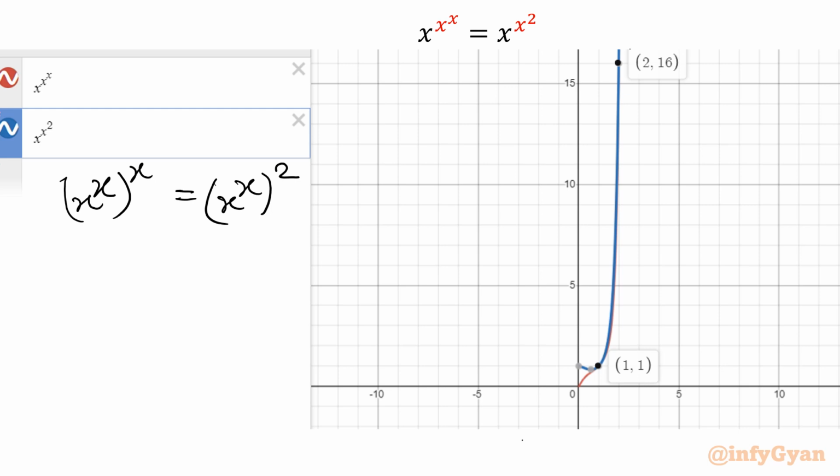How? Just take the product, x into x, that means it is x power x square. So the graphs are different. You can see this red graph is for x power x, and this blue graph, I have zoomed, these are actually separate lines, x power 2.